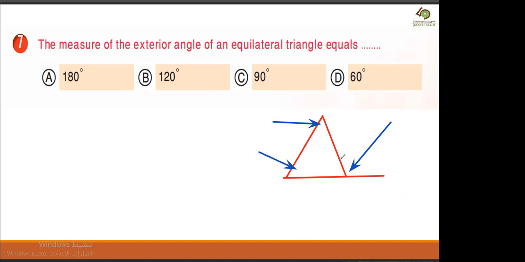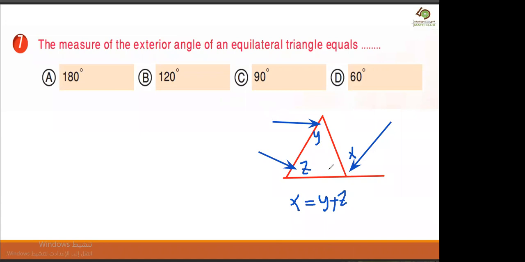Now, when I write here X, and here Y, and here Z, so the exterior angle is what? X equals what? X equals the two angles Y plus what? Plus Z, right? So now he said the measure of the exterior angle of an equilateral triangle.